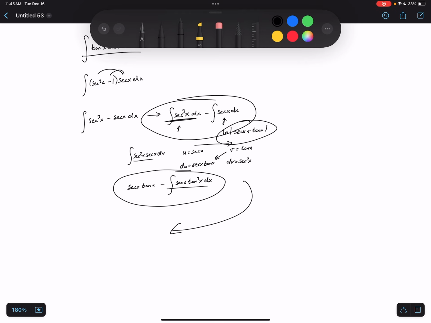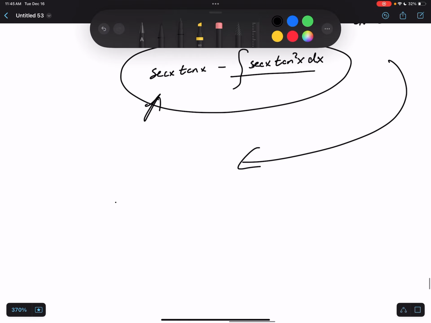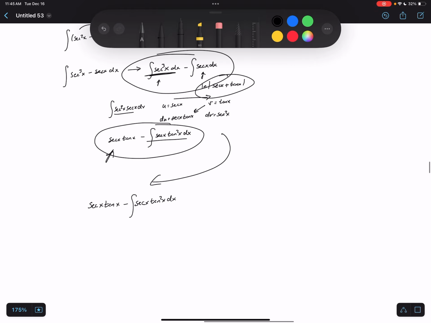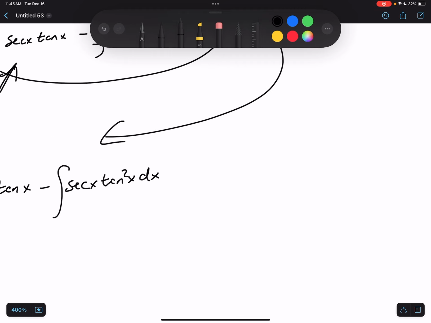So we've got this integral here, which represents secant cubed x, and we are going to subtract this one here, which is from secant x. So rewriting all that, we can say secant x tangent x minus the integral of secant x tangent squared x dx, all of that minus the natural log of the absolute value of secant x plus tangent x.